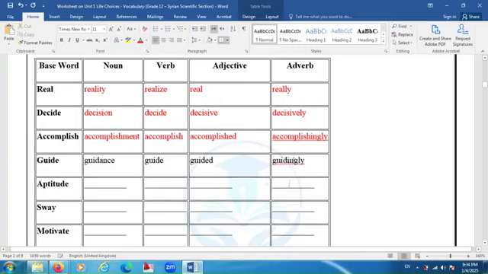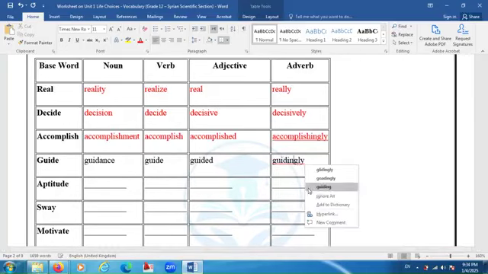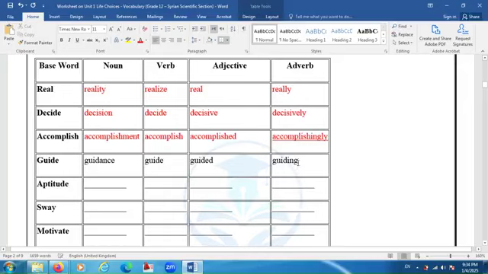Guidingly. No, not glidingly. Guidingly. You can say guiding or guidingly.